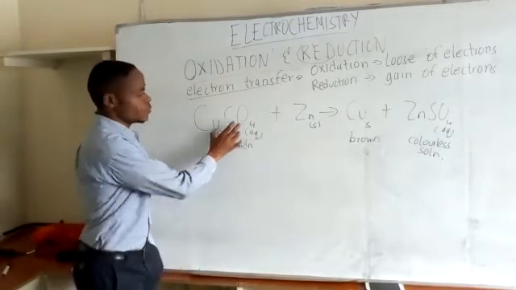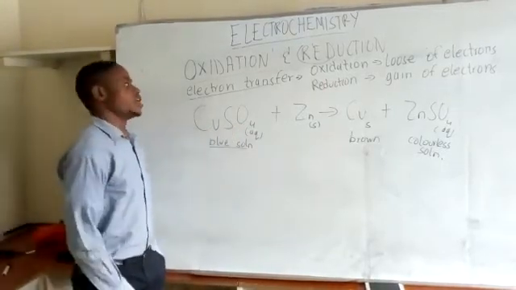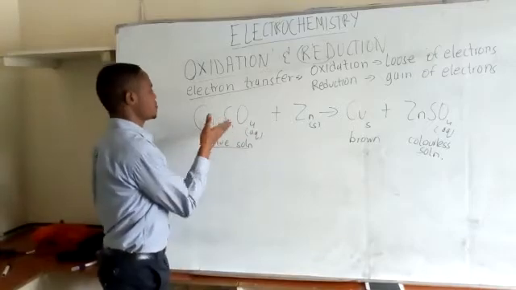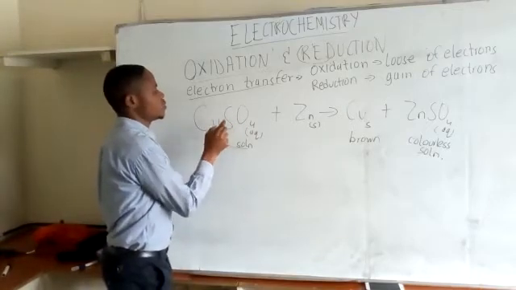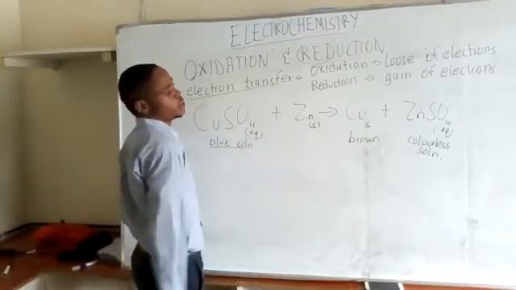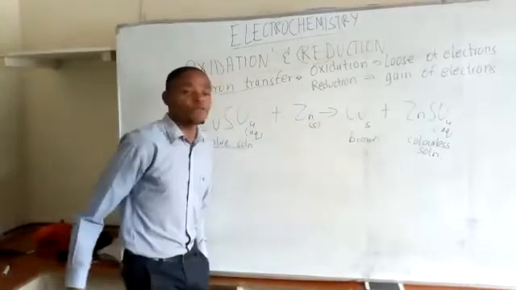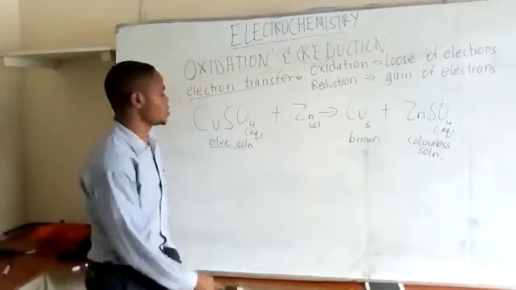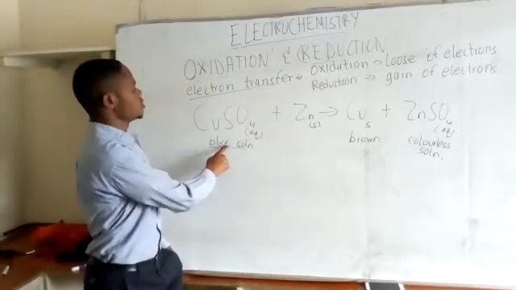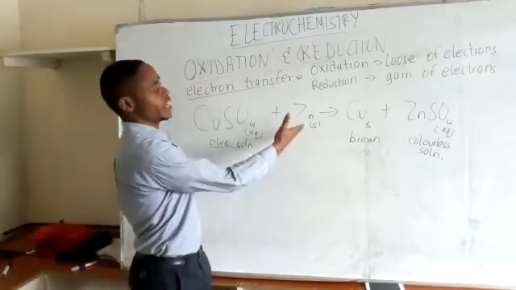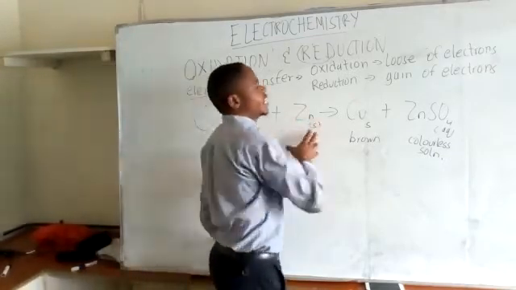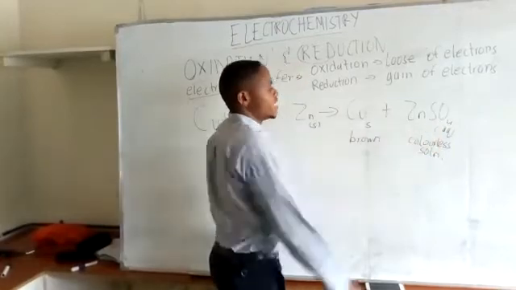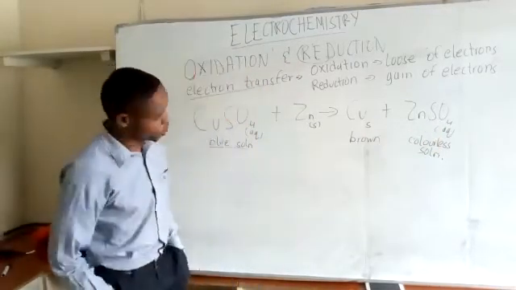So whenever we have such a reaction, the copper sulfate, which is in solution, is displaced, and we end up forming the brown copper solid. Remember, this one is always blue in color. On the other hand, zinc goes into solution. It forms the zinc sulfate solution.